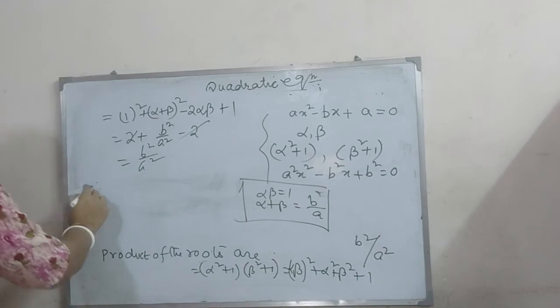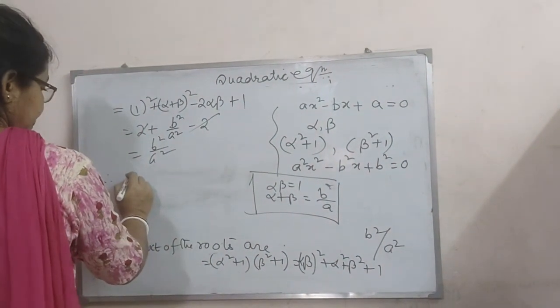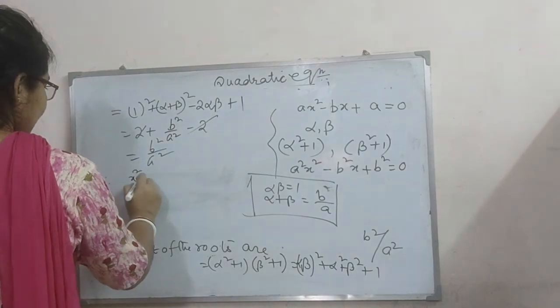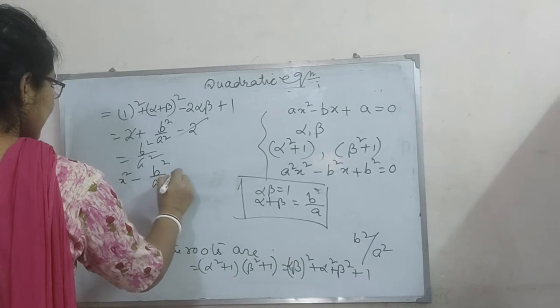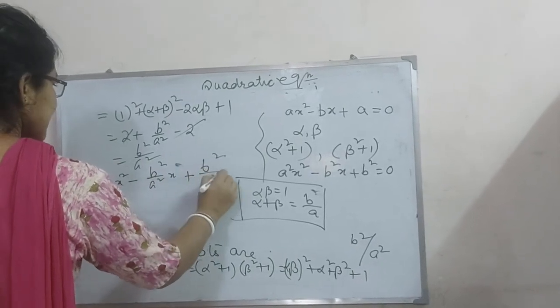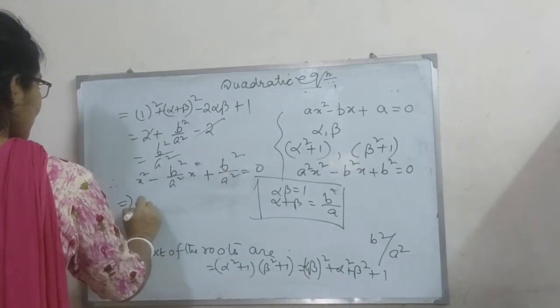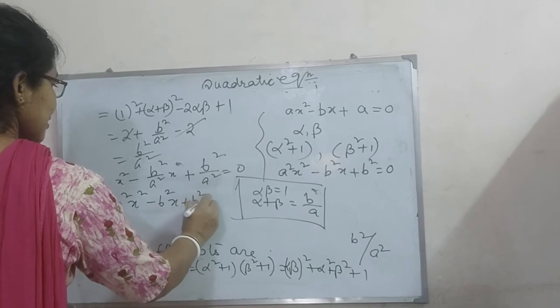Therefore, the required equation is x square minus the sum of the roots, b square by a square, x plus the product of the roots, b square by a square, equal to 0. So I will get a square x square minus b square x plus b square equal to 0.